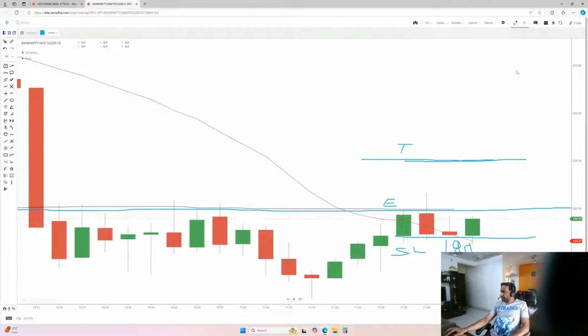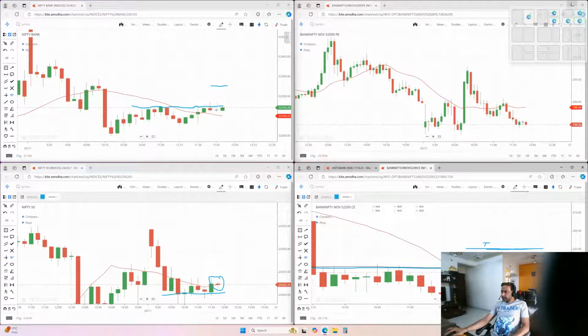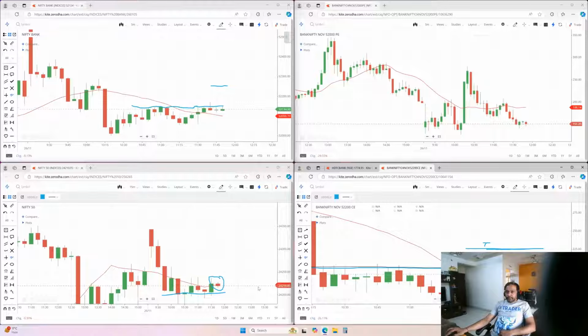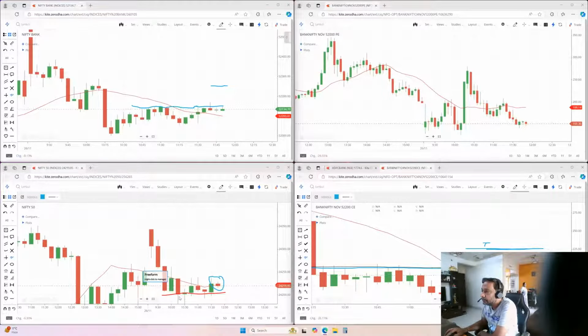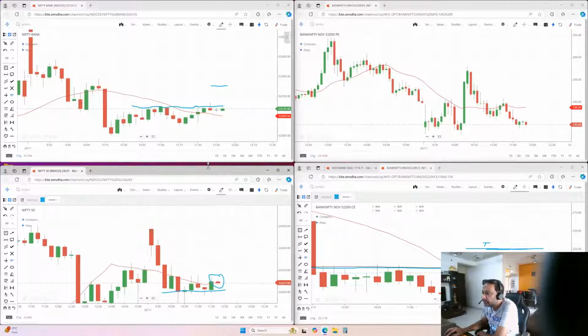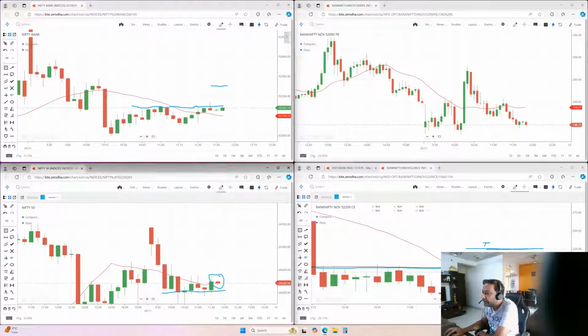Premium is trading 194, 195. As per our paper trade, our entry is at 200. Let's see. So for more clarity, let's increase the size of this Bank Nifty chart.